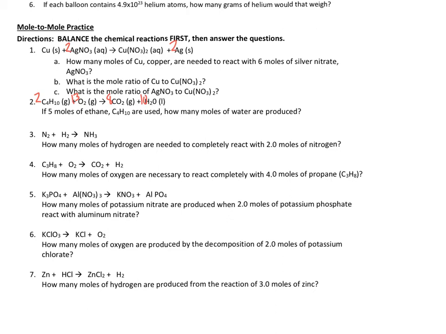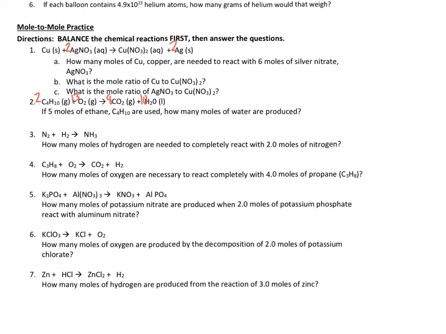So if you had 10 pieces of chocolate, then theoretically you could make 5 s'mores, because of the 2-to-1 ratio. Same thing here. In this equation, it's like a recipe. 1 mole of copper plus 2 moles of silver nitrate is going to make 1 mole of copper nitrate and 2 moles of silver.